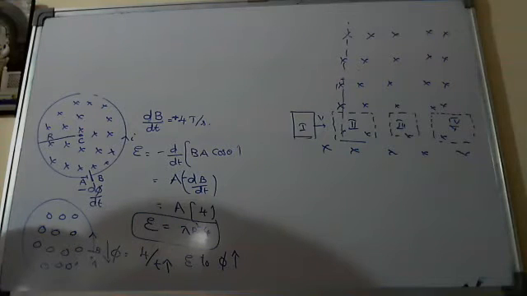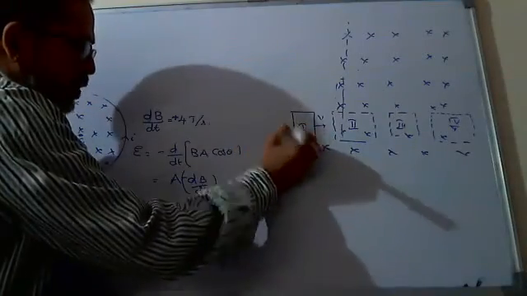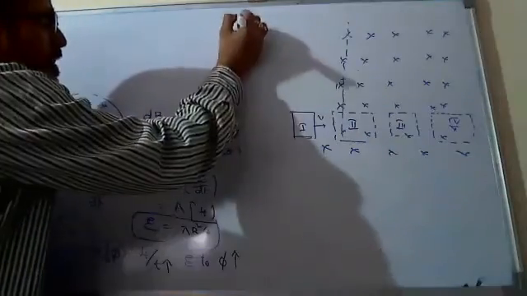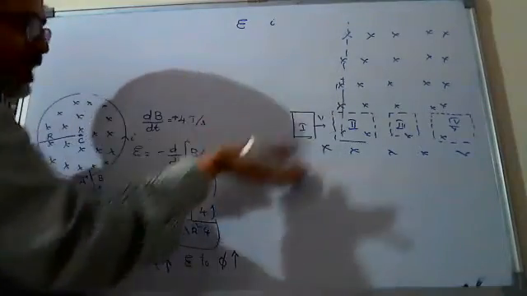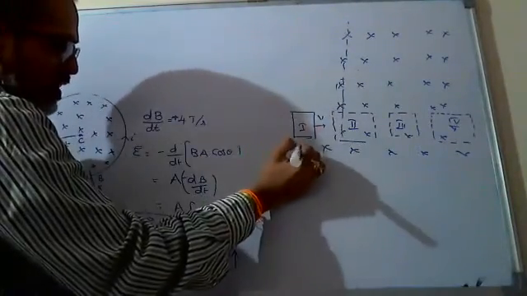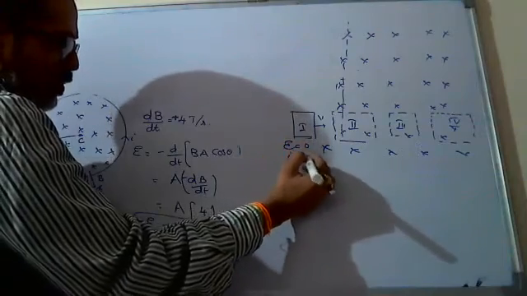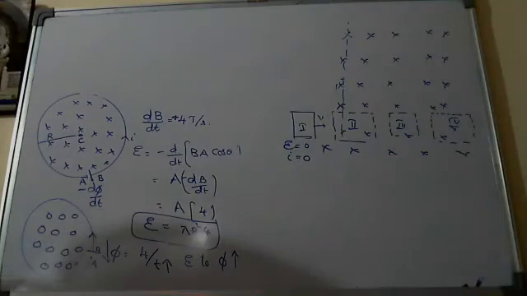Am I right? Yes, sir. Then no EMF means no current is flowing. Why? Because EMF is not there, then I is also not there, because it obeys Ohm's law. So here E is equal to 0, therefore no current. If there is no current, no direction of current.